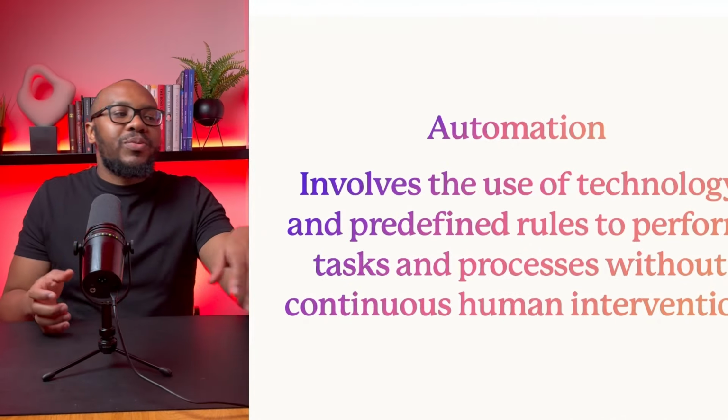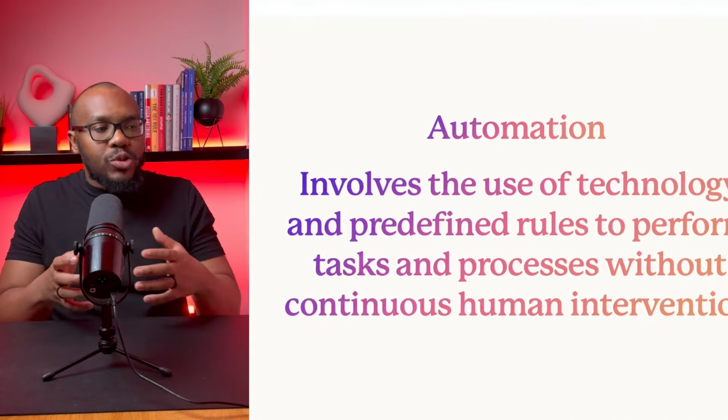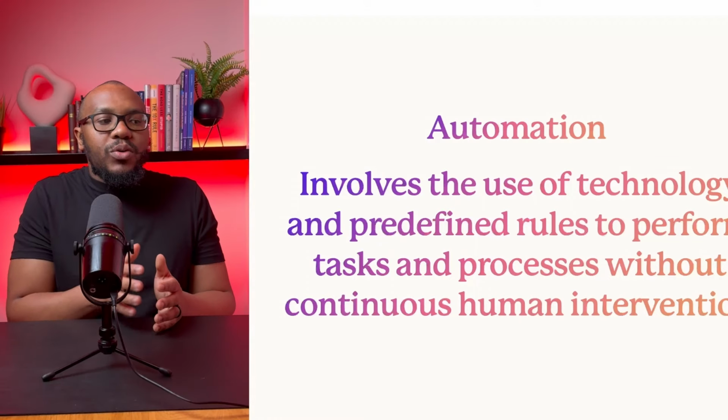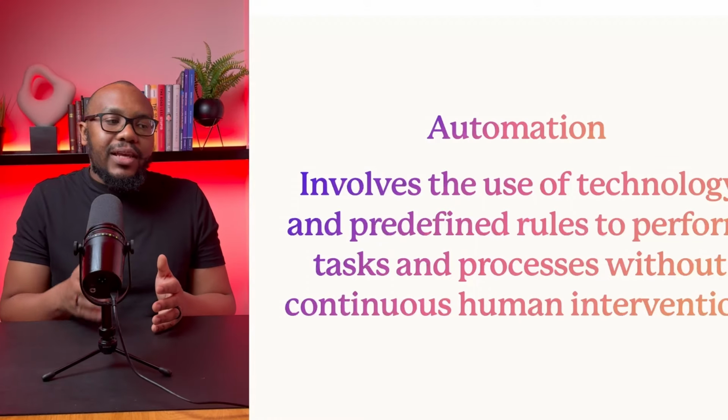So what's automation? Automation involves the use of technology. We spoke about technology. You've seen I'm an advocate of technology. I just want an easy life, soft life, that's what they call it. So I use technology where I can. It involves the use of technology and predefined rules to perform tasks and processes without continuous human intervention.